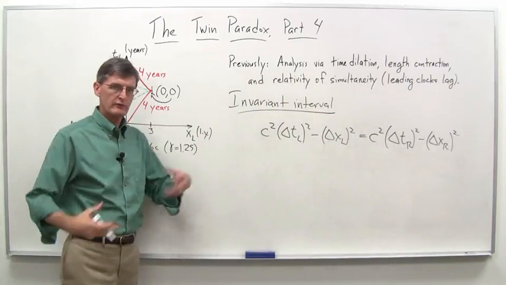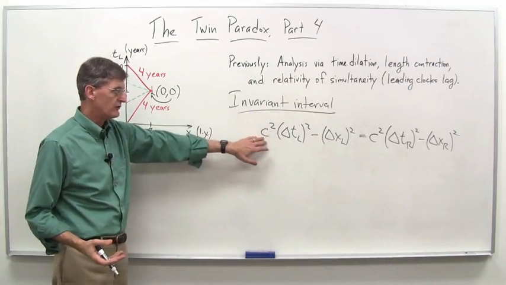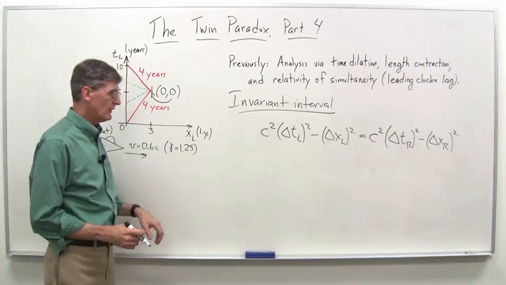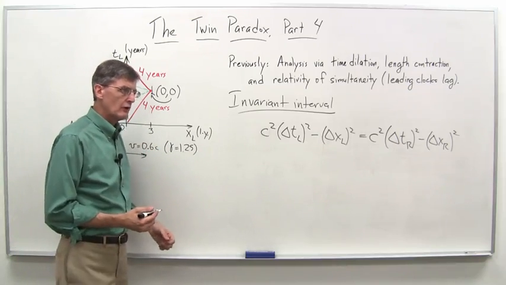And what's nice is that if we're using light years per year, or light seconds per second, then c just becomes 1. So we don't have to worry about the c's, and we're just looking at the difference in the time coordinates.